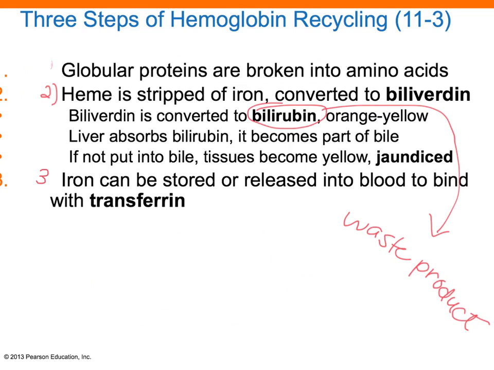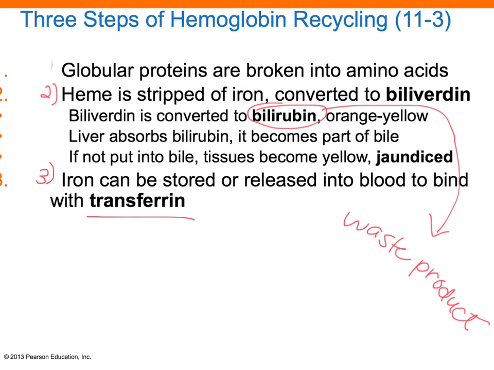Then there is that iron that got stripped off the heme. The iron is taken from the heme molecules, and it's either stored in macrophages or released into the bloodstream. If that happens, it binds to transferrin.